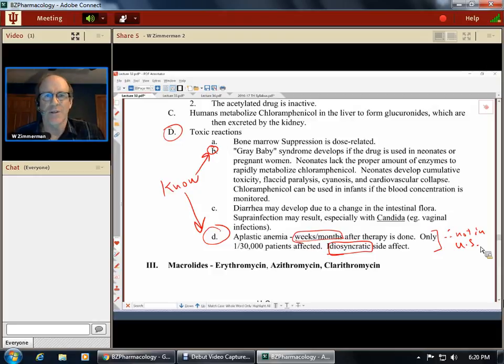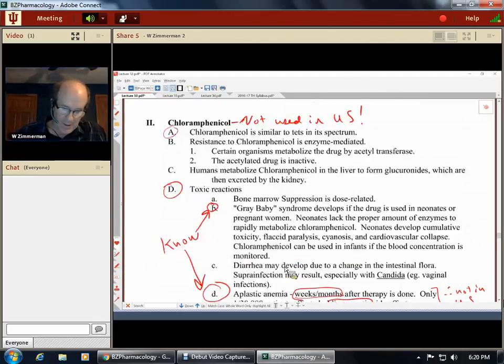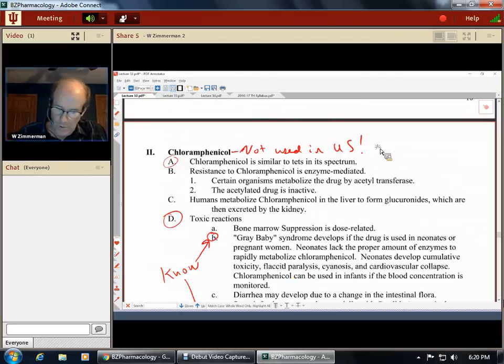However, it is used across the world. It's a good drug, 1 in 30,000. For those of you that have gone on some of these mission trips, worry about 1 in 30,000 people getting an aplastic anemia from a drug when you've got a dirt cheap drug that works well? That's not a reason not to use it. So it certainly has worldwide use.